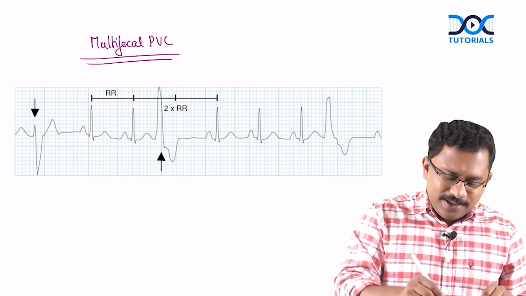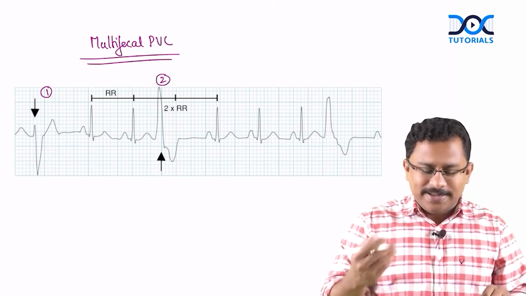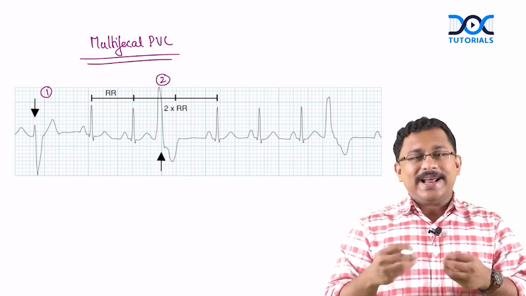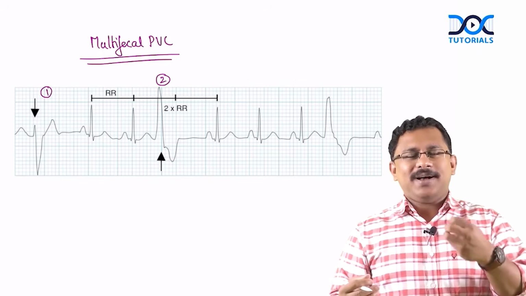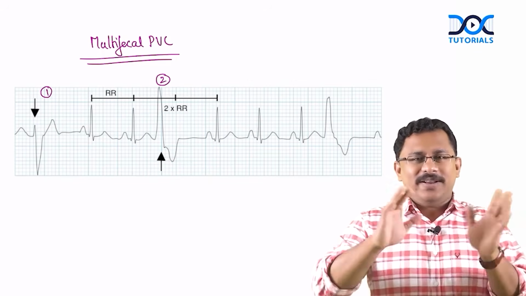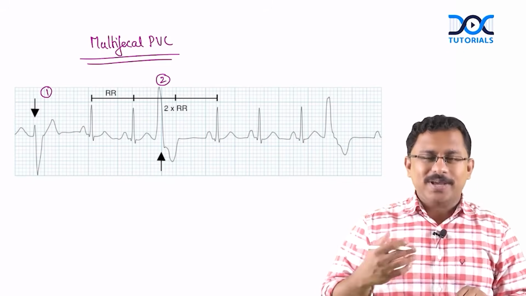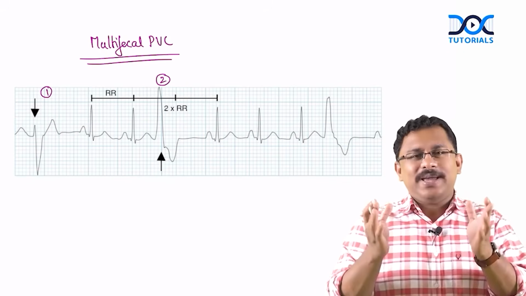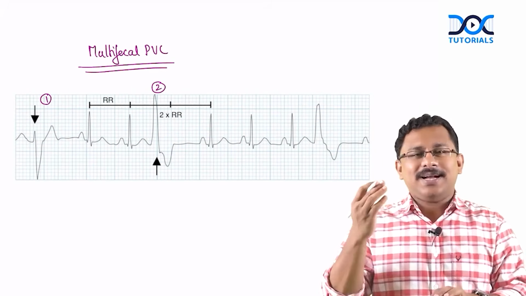Because you see, this one which I mark as 1 and this one which I mark as 2, these QRS are actually having different morphologies. So when you have premature ventricular contraction from different sites, they can have different morphologies. So you can call this condition multifocal premature ventricular contractions.